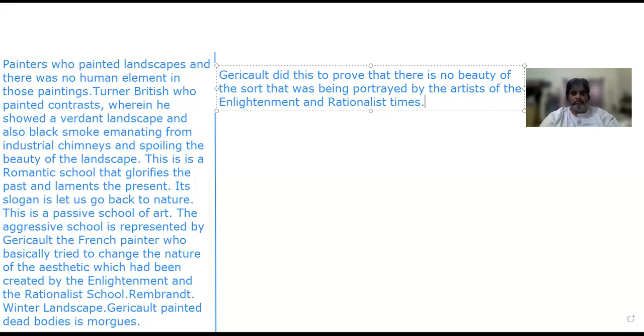Okay, so this is an expression of disgust with nature, not nature, sorry, disgust with the rationalists.